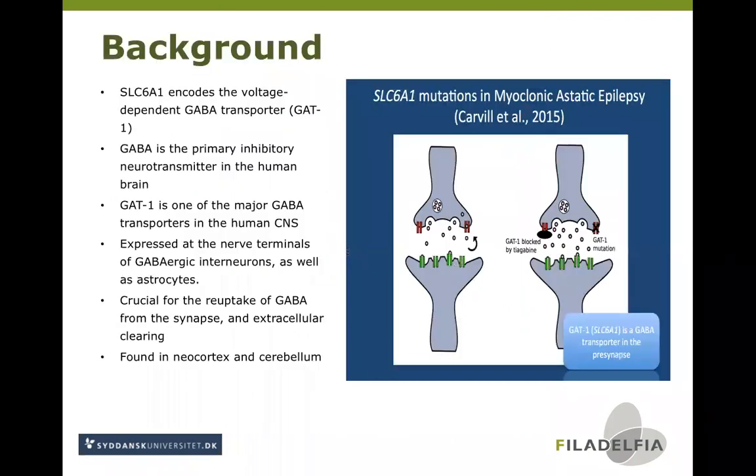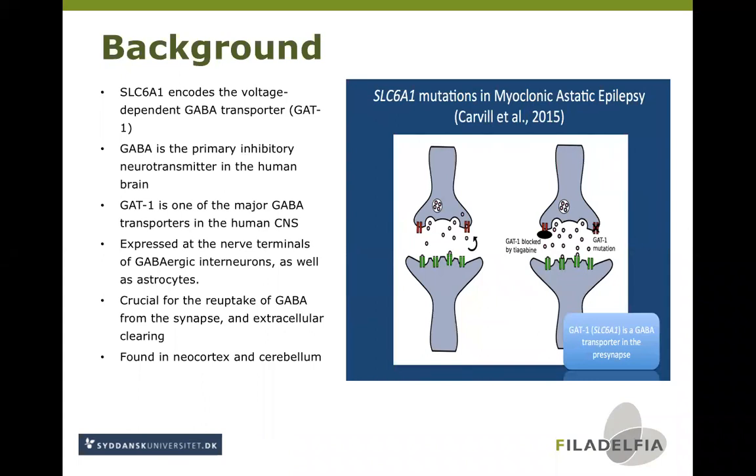So anyways, SLC6A1 is a gene that encodes a voltage-dependent GABA transporter called GAT1. And GABA is, as you might know, the primary inhibitory neurotransmitter of the human brain. And GAT1 is one of the major GABA transporters in the human CNS.